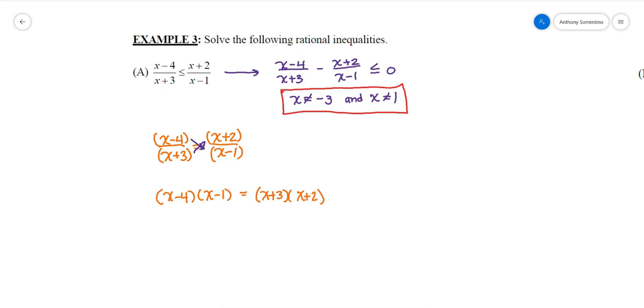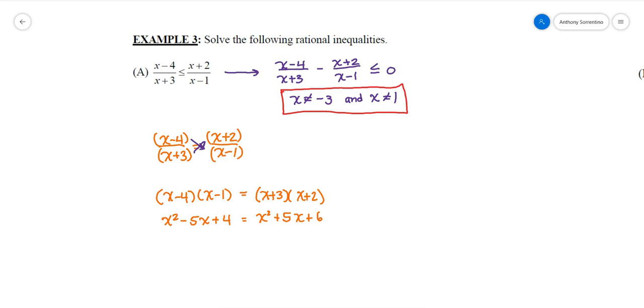So I'm going to multiply these out. This is going to be x squared minus 5x plus 4. I'm simplifying as I move along, so you might have this written as x squared minus x minus 4x plus 4, and then of course the two middle terms become the minus 5x. Here I'm going to have x squared plus 5x plus 6.